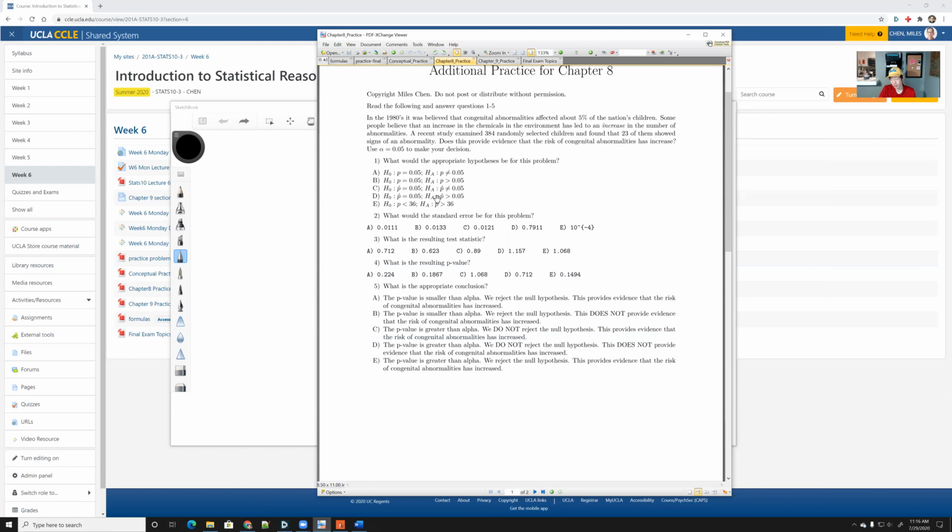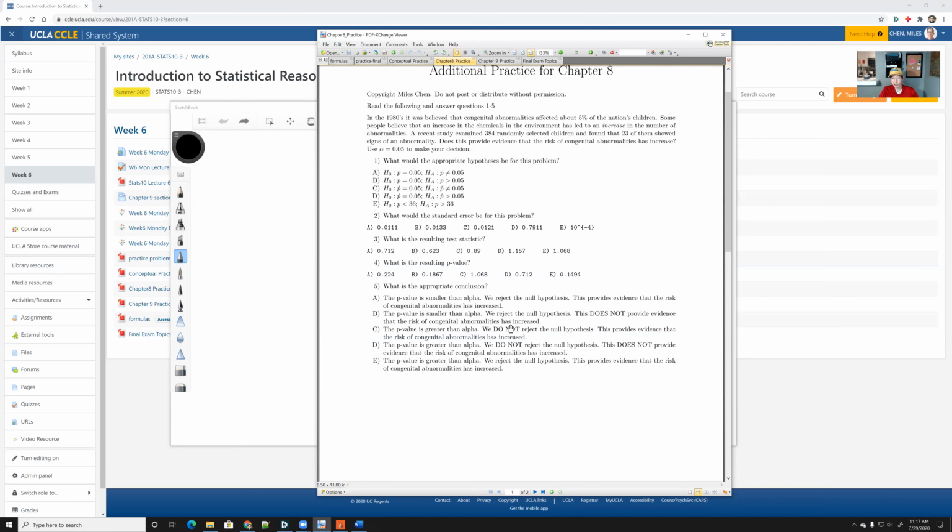Probably on the final, you can expect maybe 6 different scenarios or so, and each of them will probably have around 4 questions associated with it. The questions will be something like, what would be the appropriate hypothesis for this problem? What would be your standard error? What's your p-value?